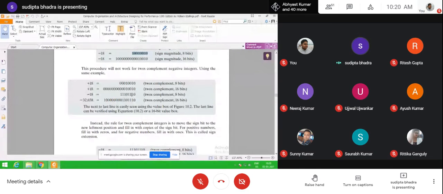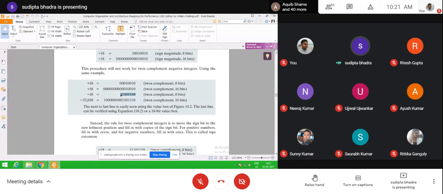Minus 128 plus 110. How are we getting minus 128? Because the seventh bit, the MSB, is 1. That means it is representing that this number is a negative number, and this one is representing minus 128.